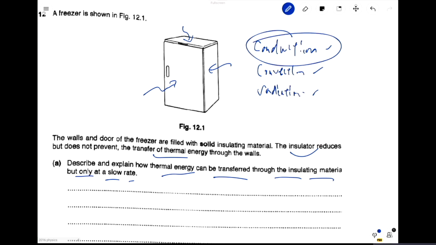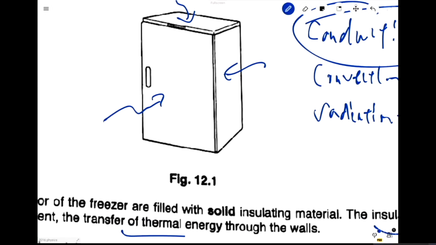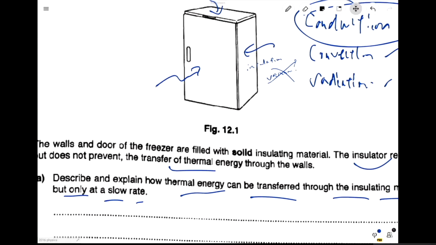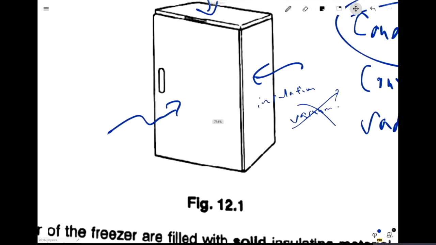Because you see, this is a fridge, so in the fridge, they have insulating material. Now, is the insulating material vacuum? Not vacuum, no. Insulating material means styrofoam, plastic. So can you also gain heat through convection? It's asking about how it gains heat. No, there's no heater.